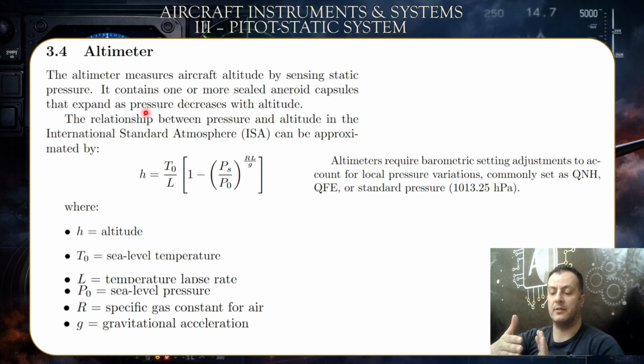Because the internal pressure becomes higher than the external pressure as you climb, as the aircraft goes up in altitude. So the difference between the internal pressure within the diaphragm and the external pressure increases, which causes the diaphragm to expand, because the pressure on the inside has become greater than that on the outside.